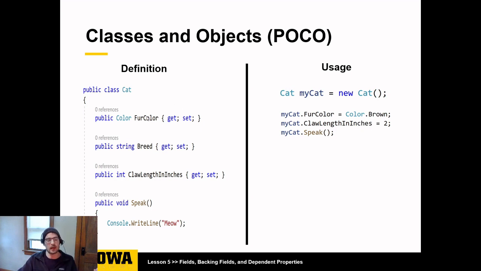So in general, cats have fur colors and breeds and claw lengths, and what they can do in general is speak, and when a cat speaks, they say meow. That tells us what this object has and how it behaves in general. And then once we tell C# that, we can start creating these cats and using them in our program. Okay, so that's just a refresher.